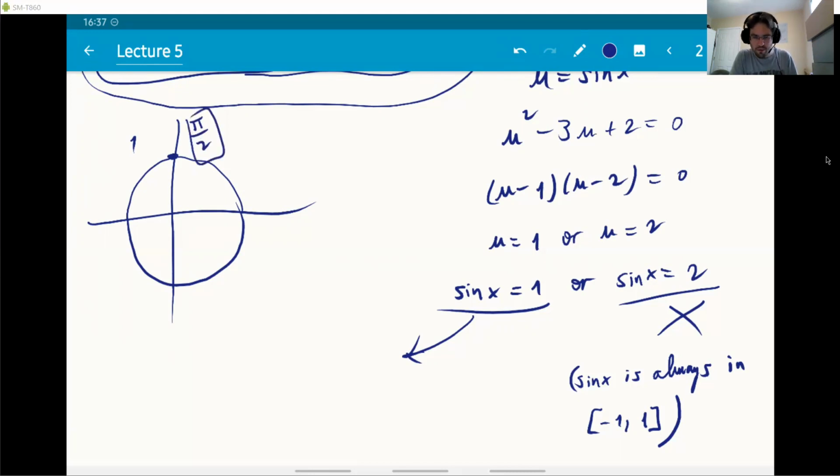But you should remember that sine starts repeating its values after every multiple of 2 pi. So this means that any angle that's pi over 2 plus an integer multiple of 2 pi is an angle that has a sine of 1. So you can write this as pi over 2 plus 2 pi n, where n is an integer.